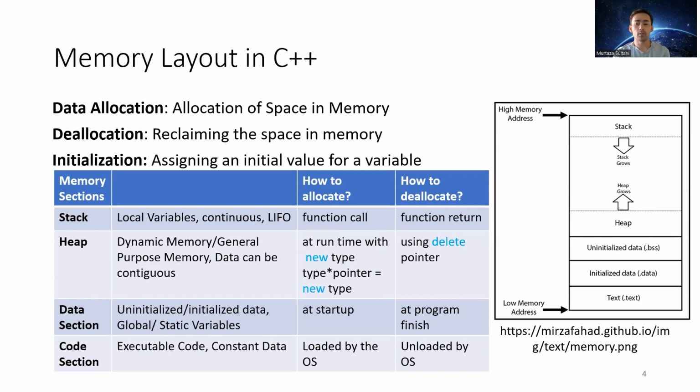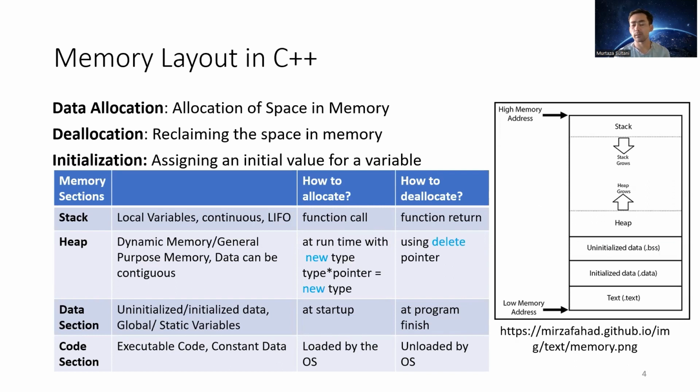The heap part of the memory is called the dynamic memory, and it is general purpose memory. So data can be located contiguously. When we want to allocate data to the heap section of the memory, we use the keyword new.